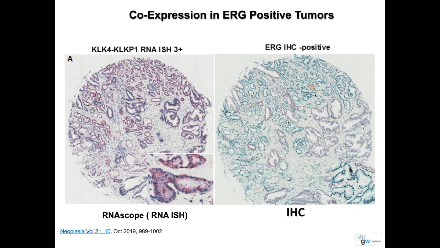Similarly, using RNAscope, we showed that in the same locations wherever there is cancer, we see the expression of KLK4 fusion as well. We don't have to do this under fluorescence mode. It can be done under bright field, so it is easy to interpret the results, like reading immunohistochemistry. That is the power of RNAscope, which anyone can take advantage of.